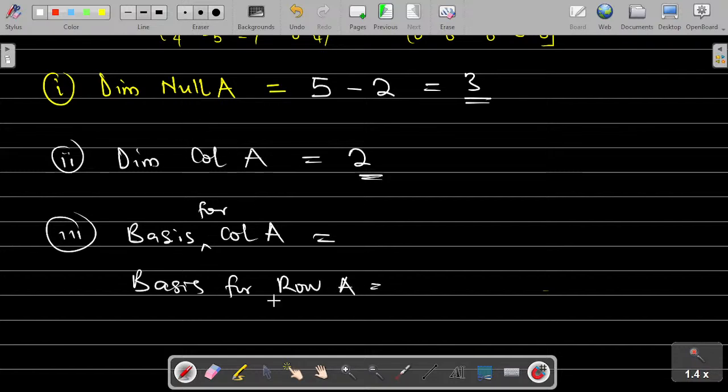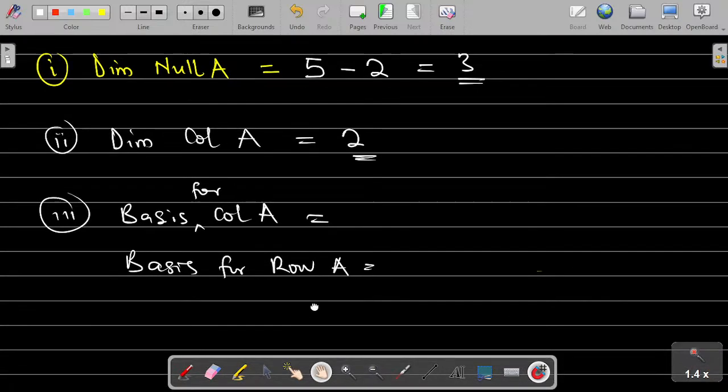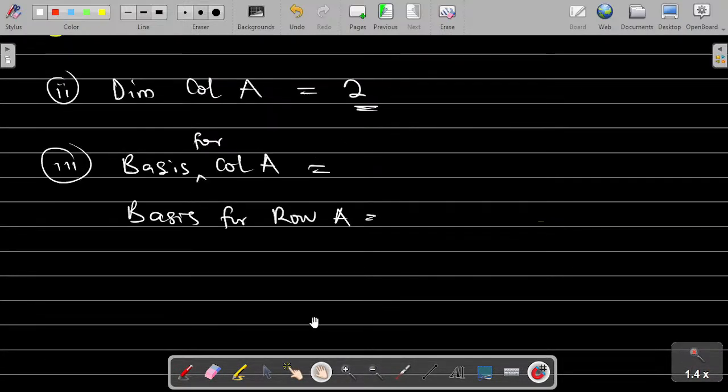I'm going to give you a small hint, and that hint is even mentioned in the solution. They said that the bases are the entries where you have pivots. That will be the vectors that will be in the basis for the column space.